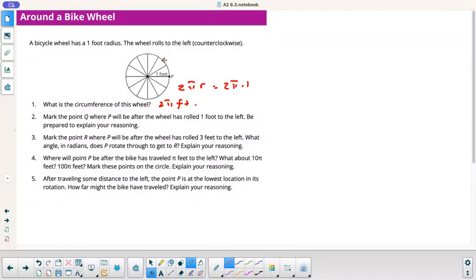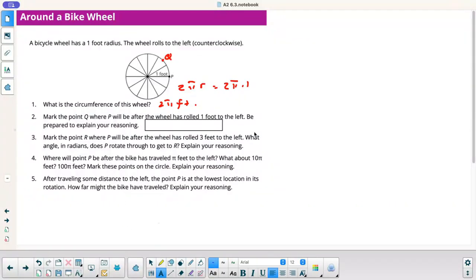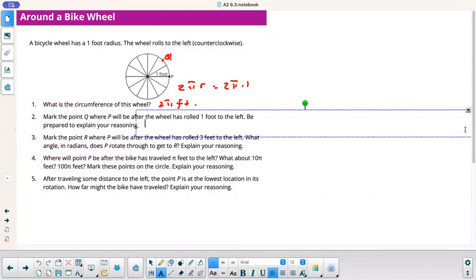So wherever, we said 1 radian is approximately there. We know that we're going to have a little over 3 radians in half a circle. So I'm going to put that there. And I'm going to explain it by saying the radius is 1 foot.